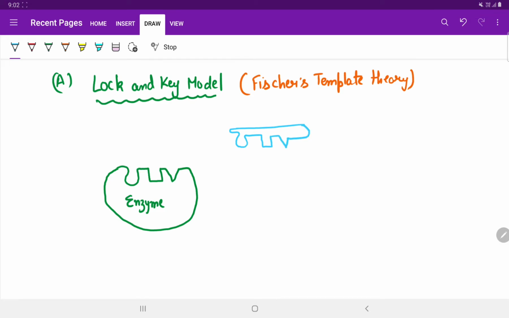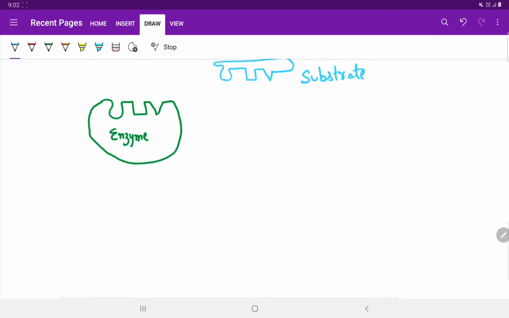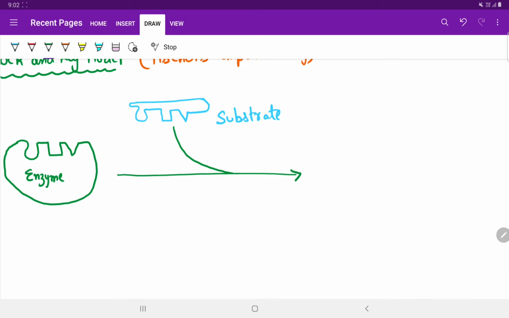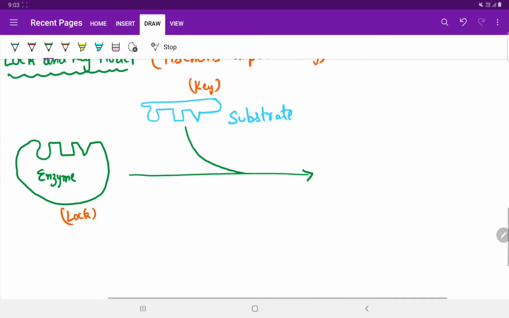A substrate that is in this shape can only bind here to complete the reaction, just as a particular key fits into a particular lock. For example, this is a key and this is a lock. So, they will bind together.